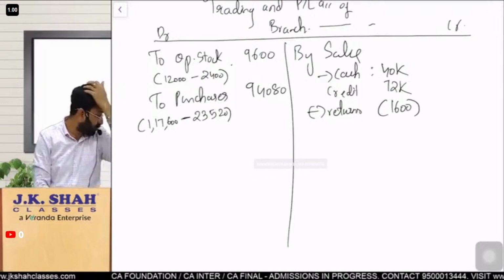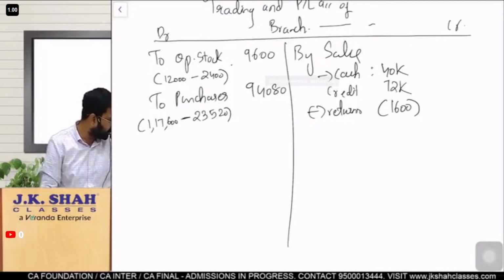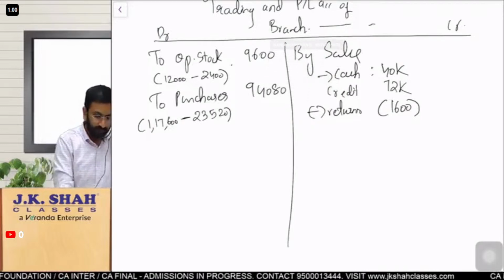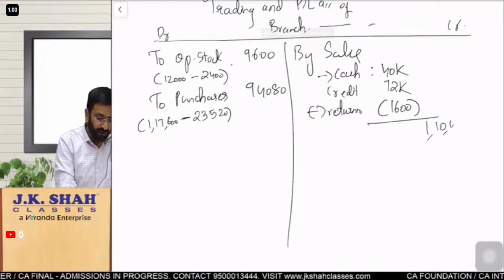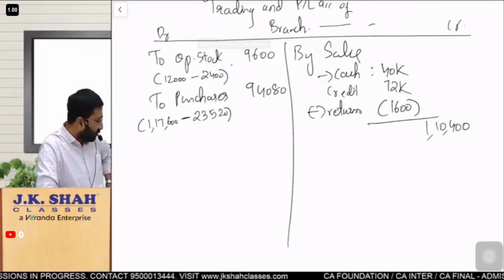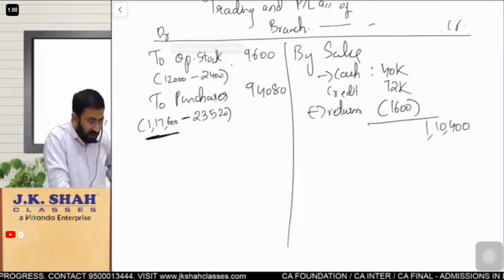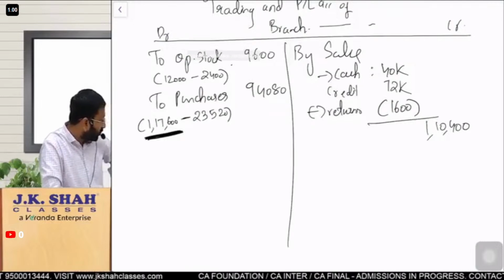Goods sent to branch net of loading working. Purchase returns is not there. Where is purchase returns? No. 112,400. Returns to head office is taken care of here. 117,600 is net of returns. From there I have removed loading.